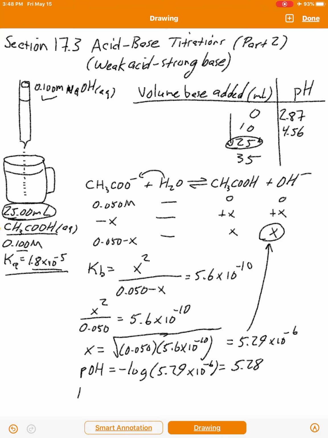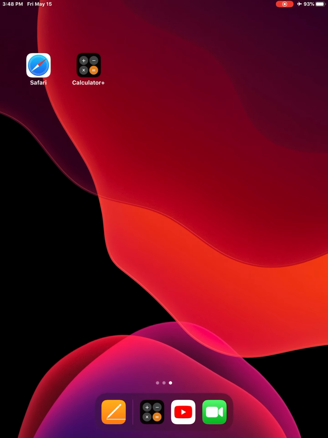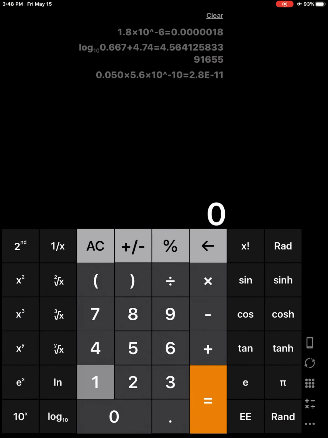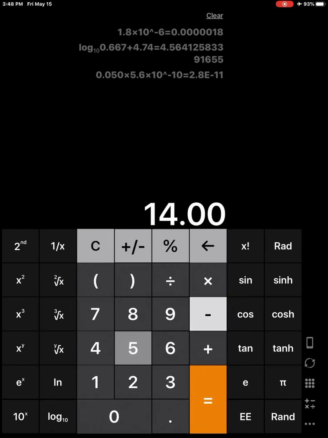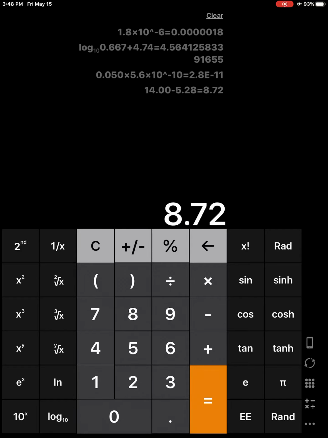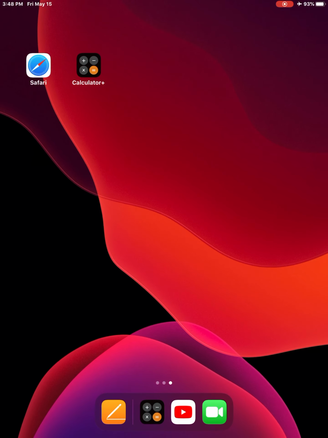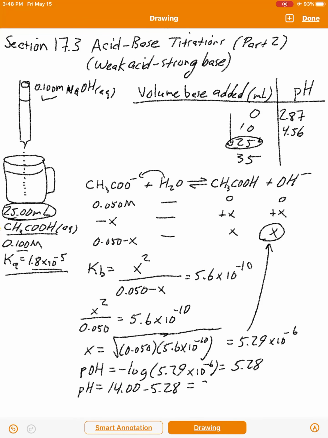And then remember, that's not the pH, that's the pOH. So pH is 14 minus pOH, or 5.28. So 14.00 minus 5.28, and you get 8.72. So it is basic at the equivalence point.